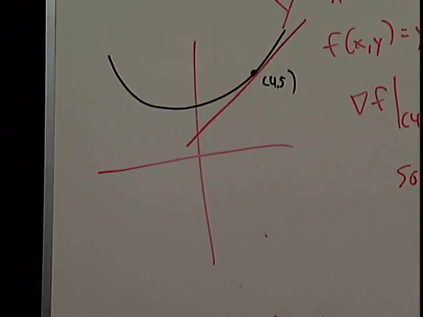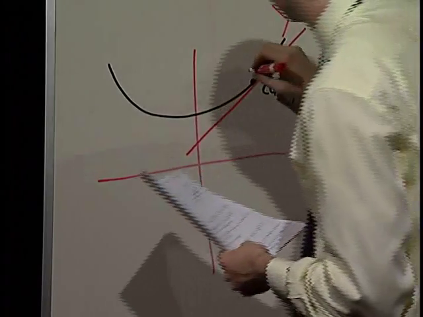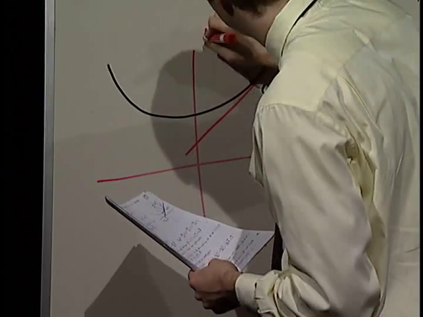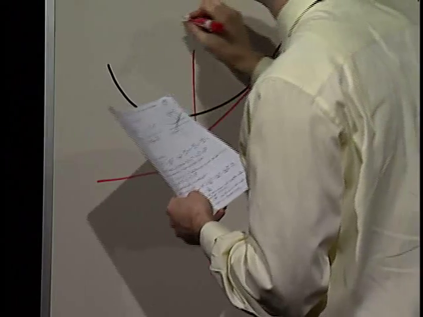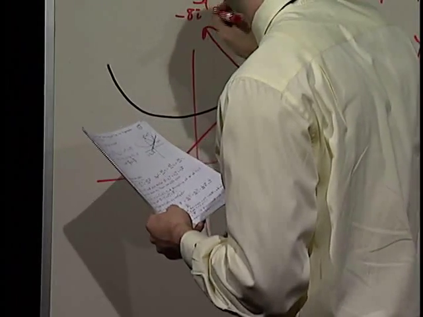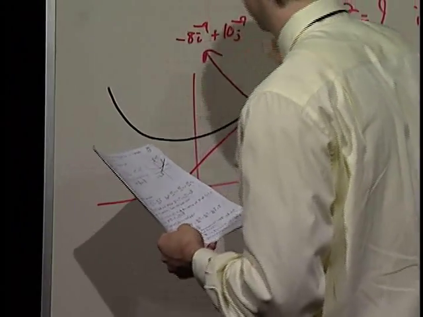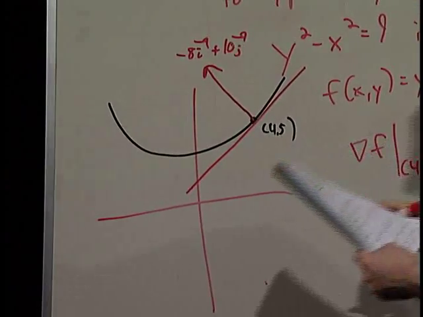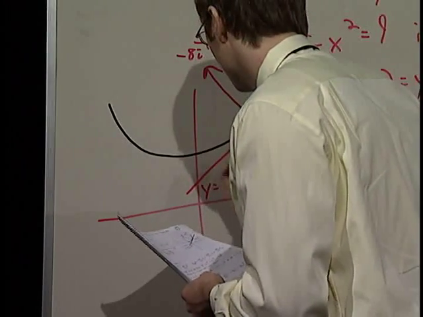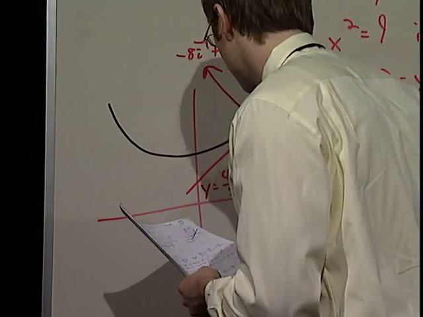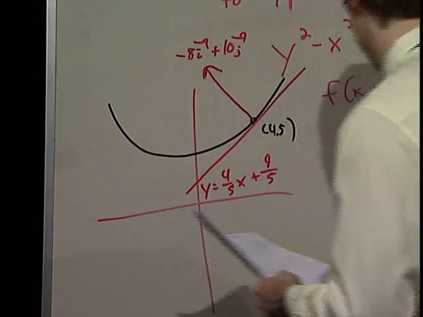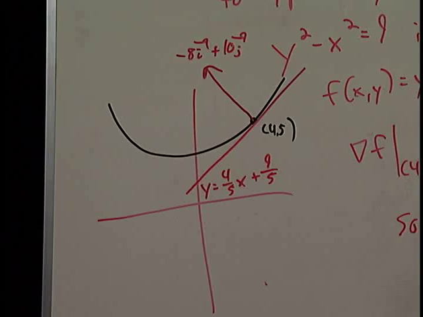There's the tangent line. And the normal vector, the gradient, looks like that, right? So this is negative 8i plus 10j, normal to it. And this is the line y equals 4/5 x plus 9/5. And so there's the tangent line. There's the gradient vector. Okay?